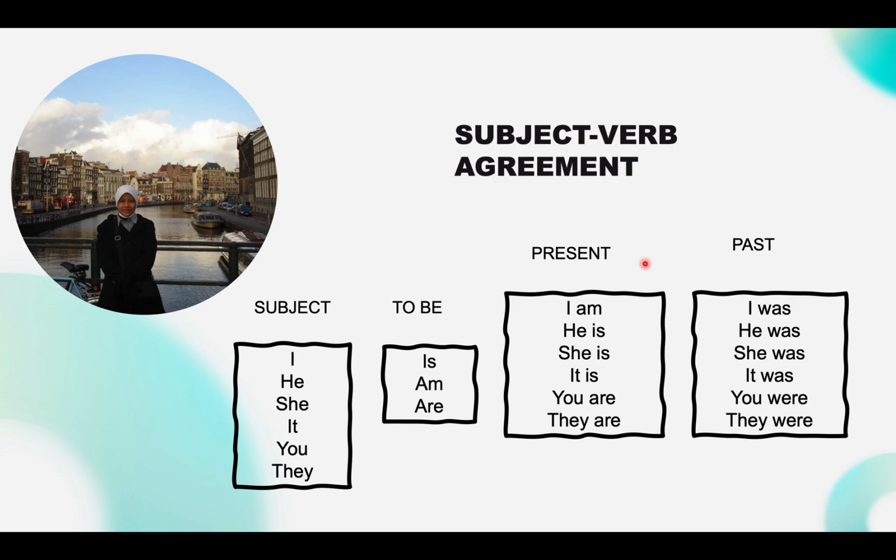And when in the past, we say I was, he was, she was, it was, you were, and they were. This is subject-verb agreement. I hope you can remember. This is very common, and this is the basic thing in English.